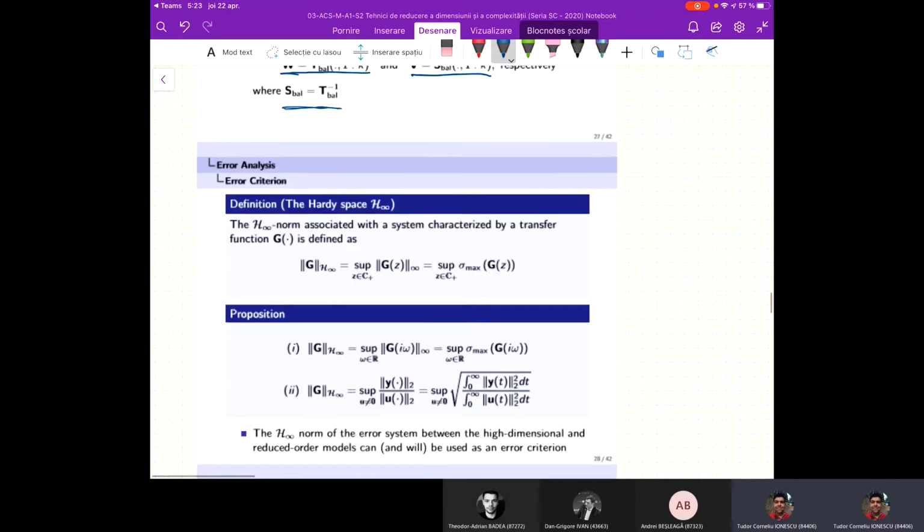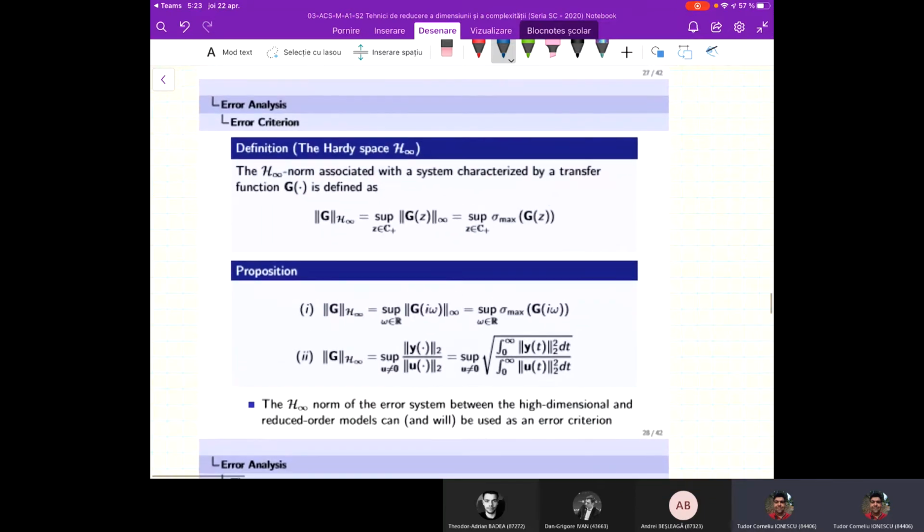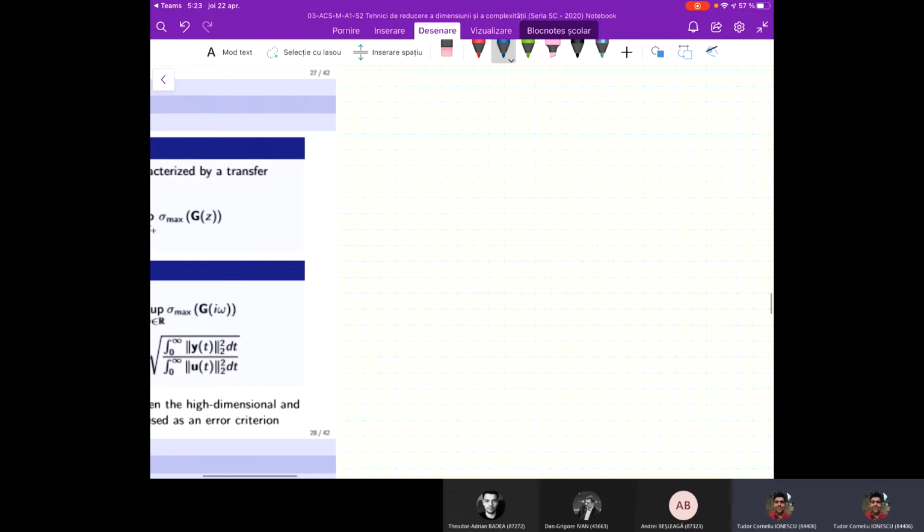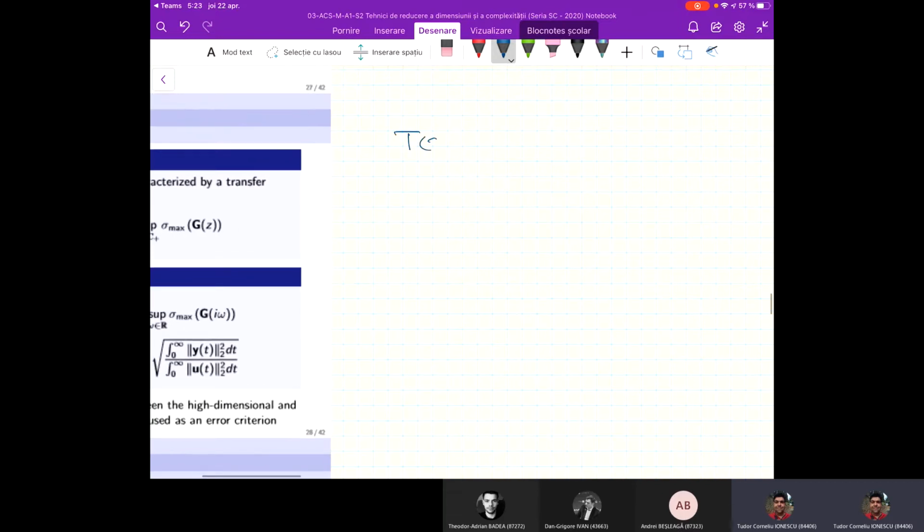Now, of course, once you perform such an approximation, you need to analyze the error of the approximation. So you have to find a way to compute the approximation error of such modeling. Now you have two models: the original T, and T tilde, the reduced one, TR.